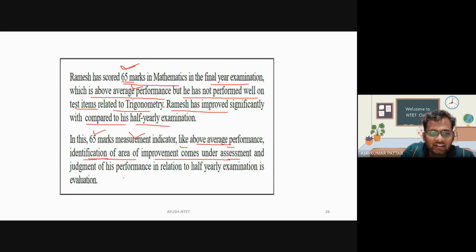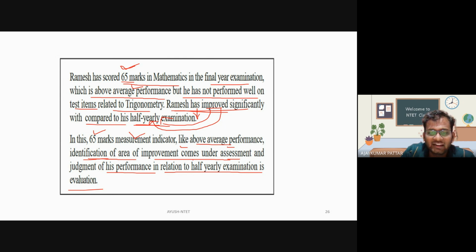But the judgment of his performance in relation to the half yearly examination is evaluation. Here, Ramesh has improved significantly compared to his half yearly examination. Here you take the judgment comparing with his half yearly examination. His marks are higher than in the previous exam. Giving this judgment is called evaluation.